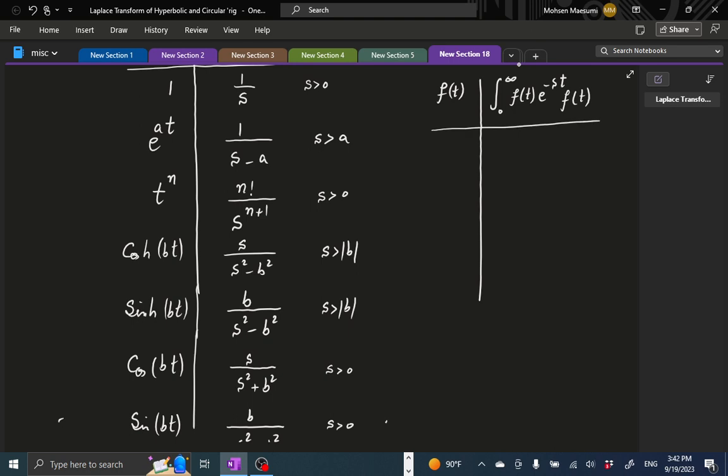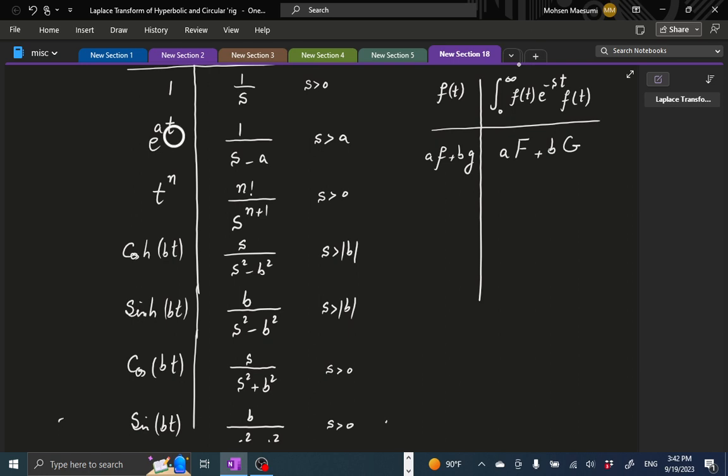The simplest formula that we have here is that if you have a constant times a function and another constant times some other function, and these two have Laplace transforms, then the Laplace transform of the sum or difference is just made from the same combination of f and g.